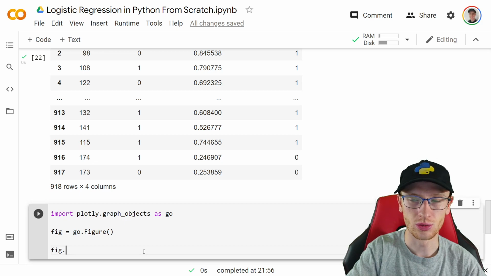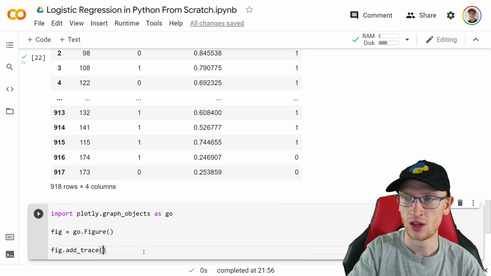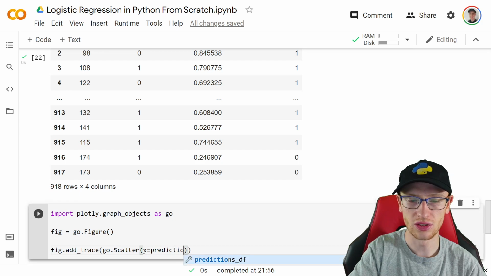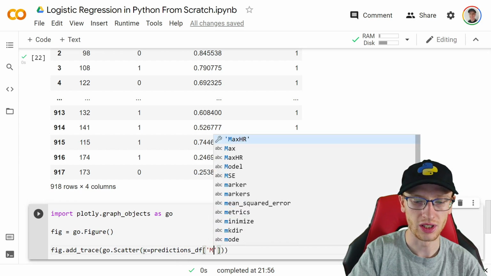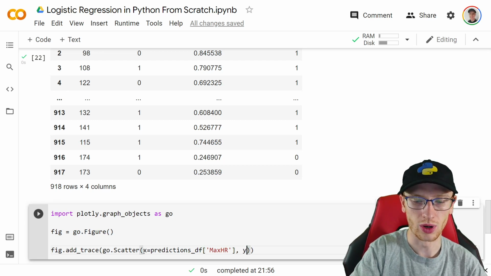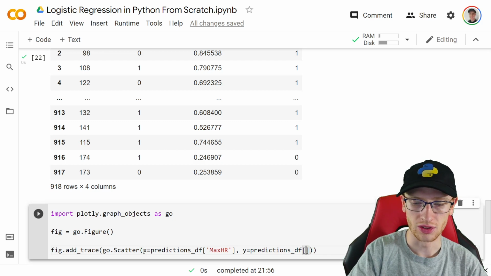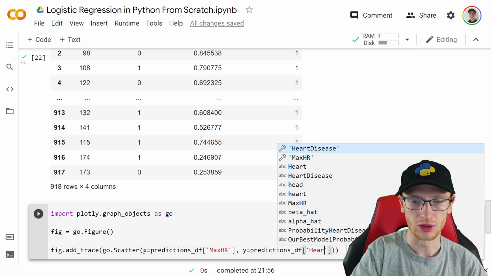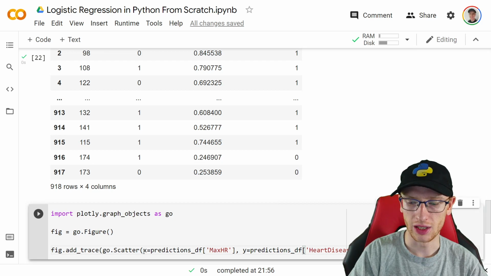We can add a trace, which is basically just adding some sort of function plot to it. We can add trace go.Scatter. x is equal to predictions_df sub the max heart rate, and we'll set y is equal to predictions_df sub heart disease.